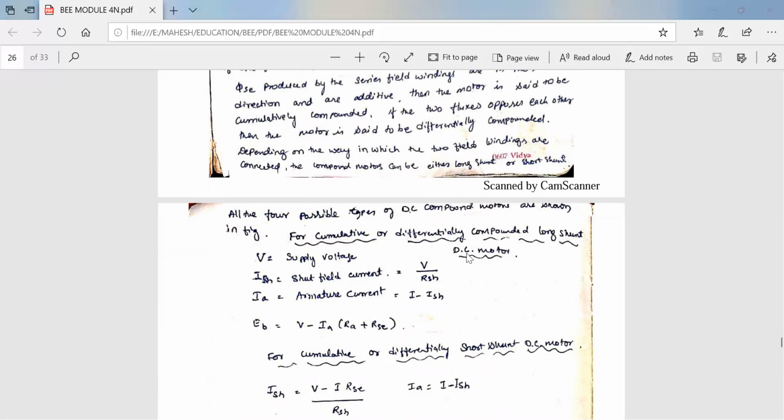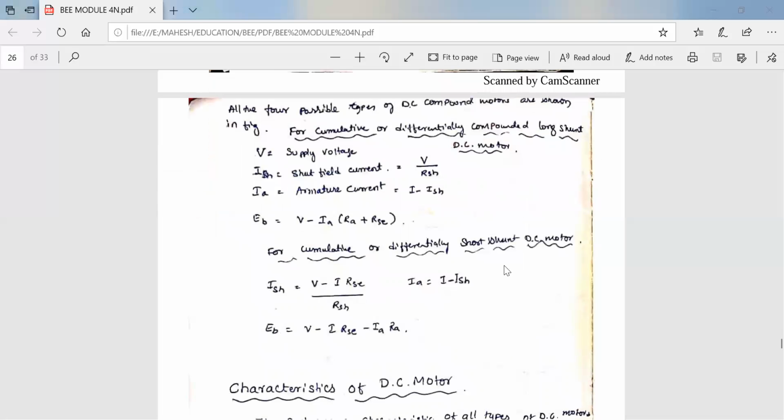For cumulative and differential, the formulas remain the same; we only observe the changes in long shunt and short shunt. For cumulative or differential, the long shunt formula remains the same, and similarly the short shunt formula is the same for both.